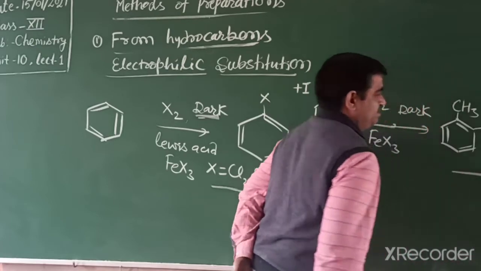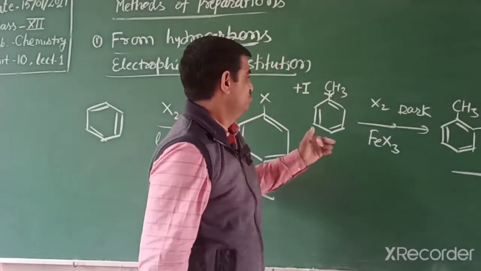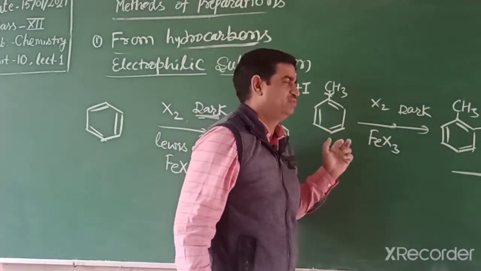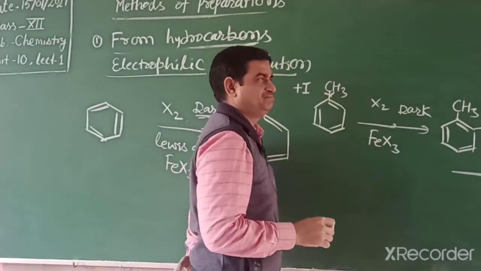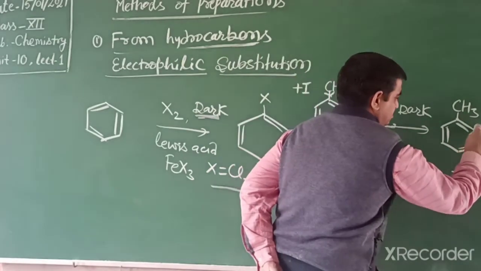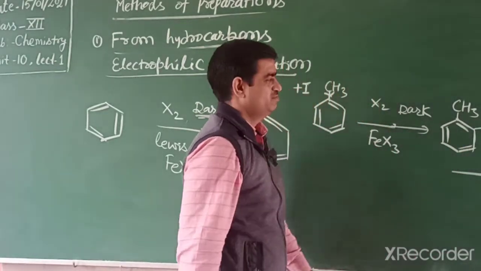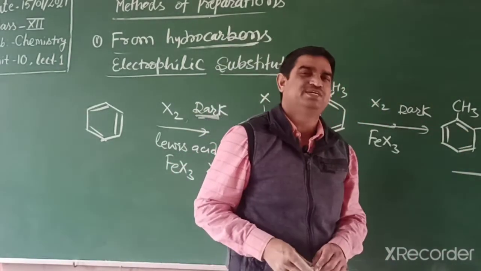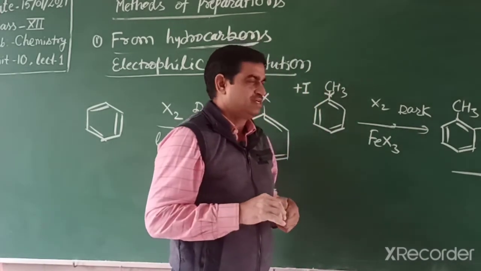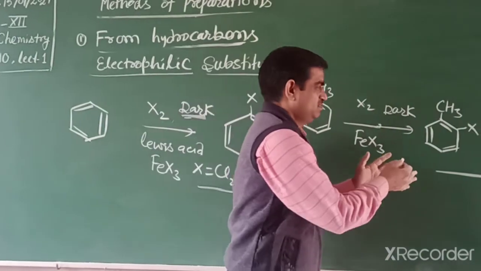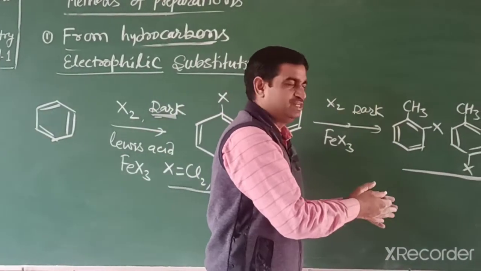How can you separate this ortho and para? Ortho and para products we can separate by the difference of their melting points. Why? Because the para product separates easily due to the difference in melting point and packing efficiency.